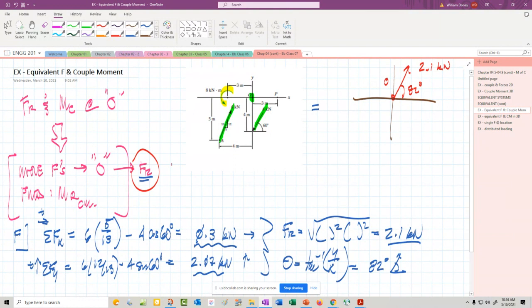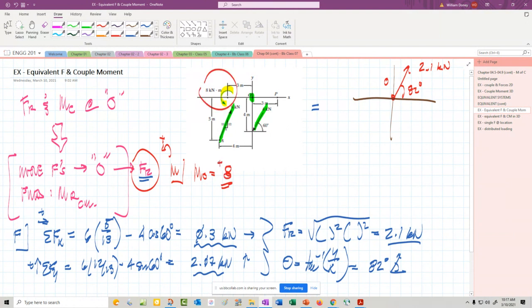Okay. All right. How do I find the moment? To find a moment is force times distance. I have to use the components of these green vectors. I have to remember to add the 8. So the moment at O is going to be counterclockwise positive. That's the 8, right? Can't forget that one. That's a free vector.